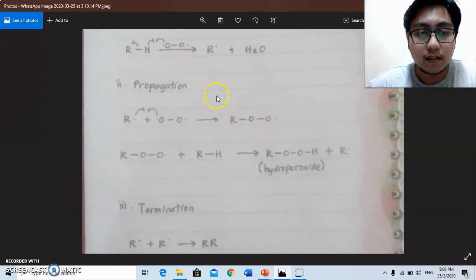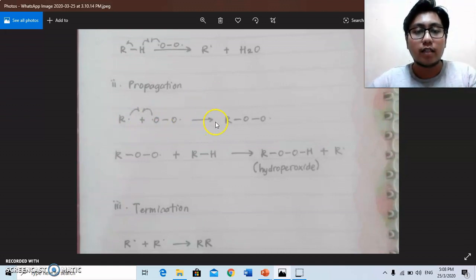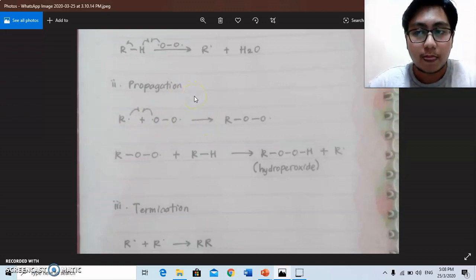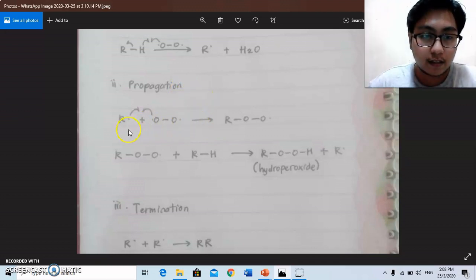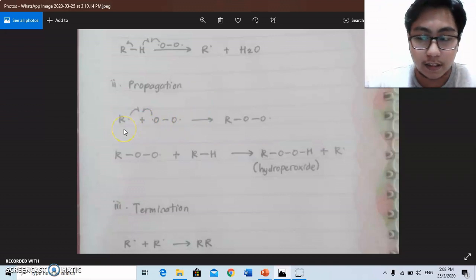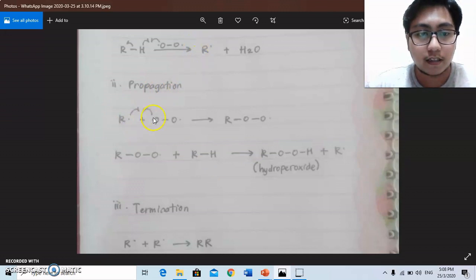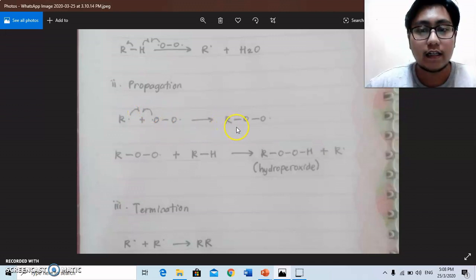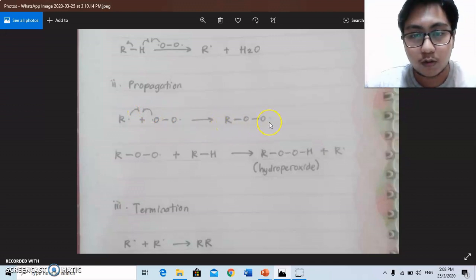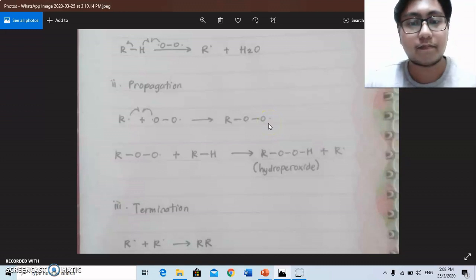Okay, so next, propagation. The propagation step is the step where the free radical chain reaction occurs. What I mean by this is, here we can see that the free radical that was formed earlier is attacked by another O2, and this will produce an ROO radical group.